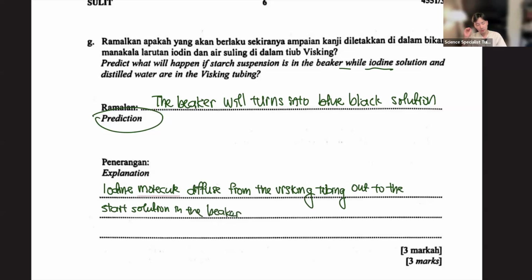I want you to highlight this. Diffuse must be written from where to where. Pass through from where to where. You can say diffuse out, no problem. But diffuse out means from where to where, right?